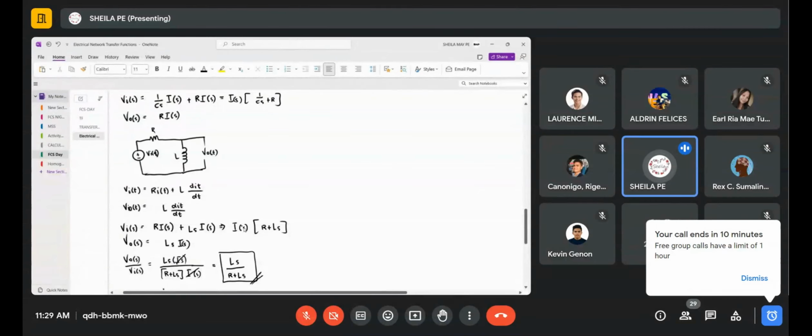Okay, so since we are done with RC and RL, let's move on. Let's go on with the RLC network.